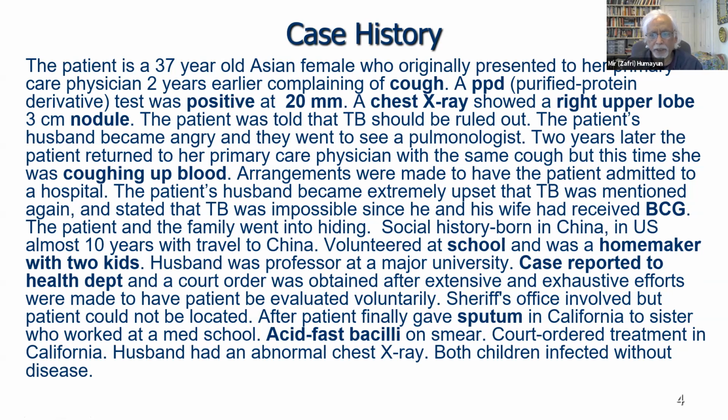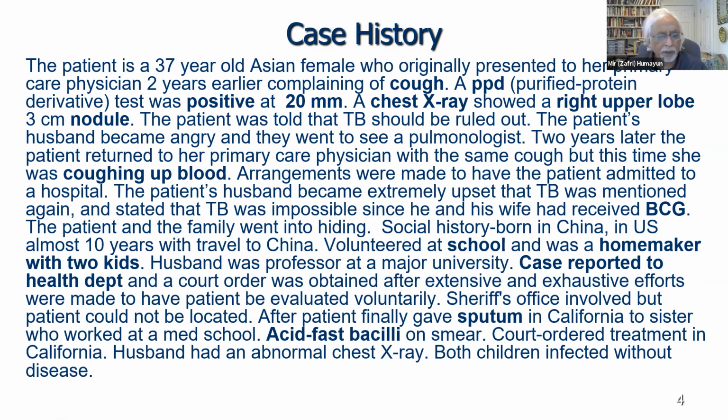A PPD, or purified protein derivative test, was positive at 20 millimeters. A chest x-ray showed a right upper lobe 3 centimeter nodule. The patient was told that TB should be ruled out. The patient's husband became angry and they went to see a pulmonologist.